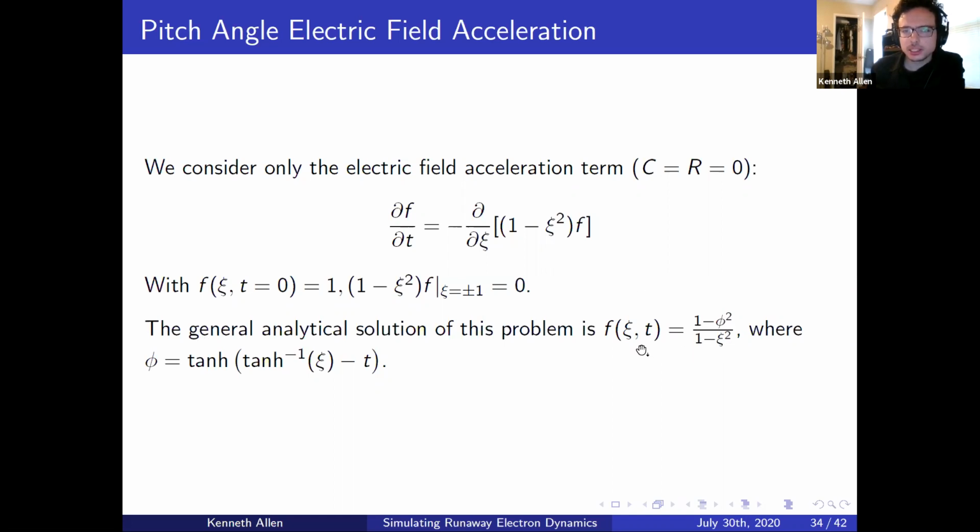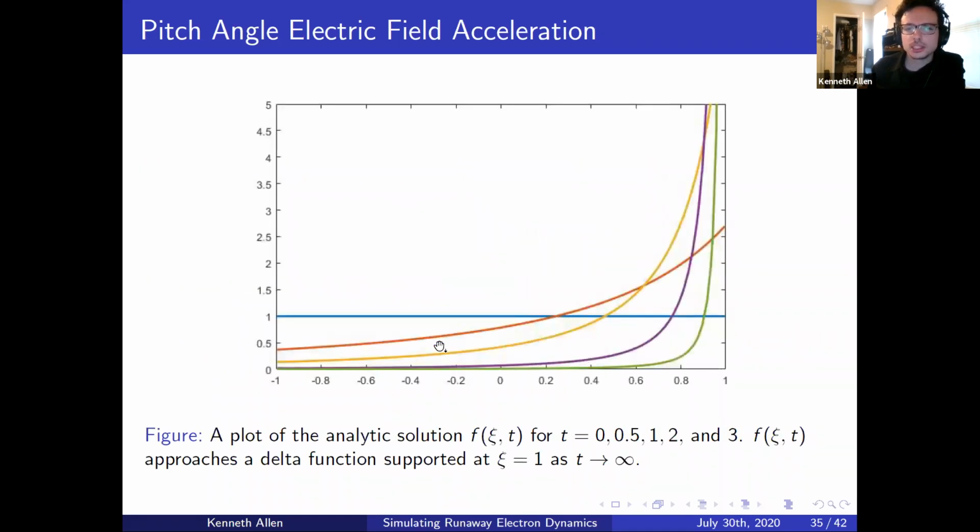given here. The analytic solution of this equation is 1 minus phi squared at t over 1 minus xi squared, where we define phi as the hyperbolic tangent of the inverse hyperbolic tangent of xi minus t. So we're going to use this as a test case to test our Krylov IF method compared to, say, the backward Euler method. This is an example of what the analytic solution looks like as t goes to infinity.